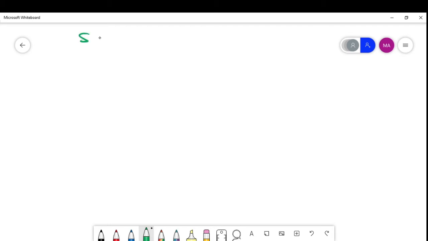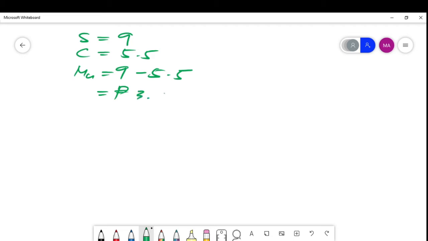So the selling price is equal to 9 pesos and the cost is equal to 5.50. Markup will be equal to the selling price minus the cost. So markup is equal to 3 pesos and 50 centavos.